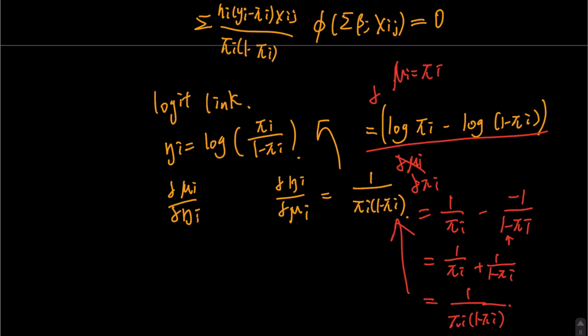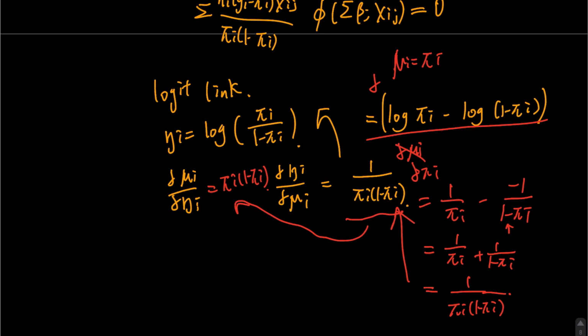So that's how we arrive at this value here. And because what we need in the estimating equations is d mu_i d eta_i, we do the inverse of that, so that's pi_i (1 - pi_i).